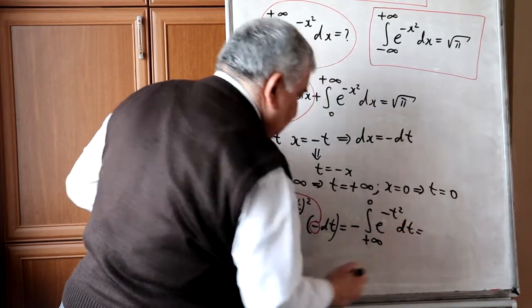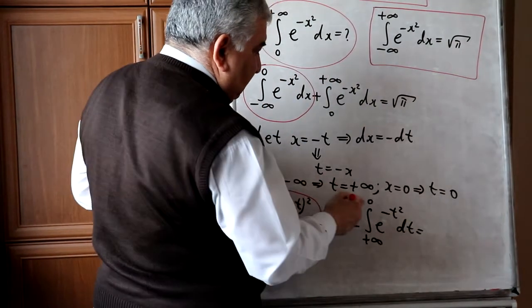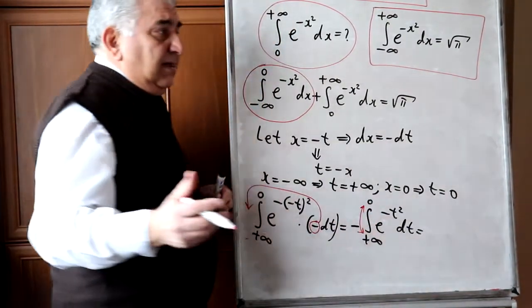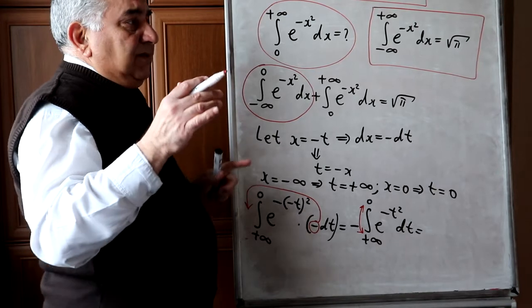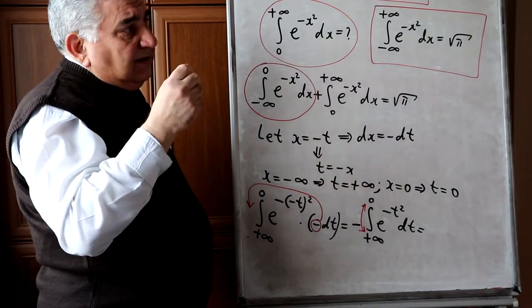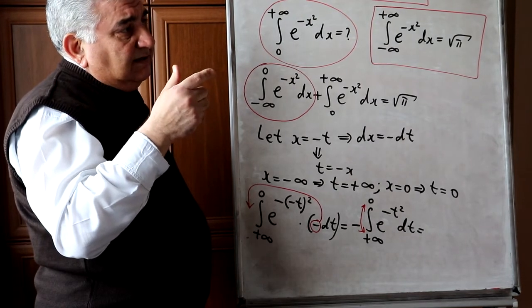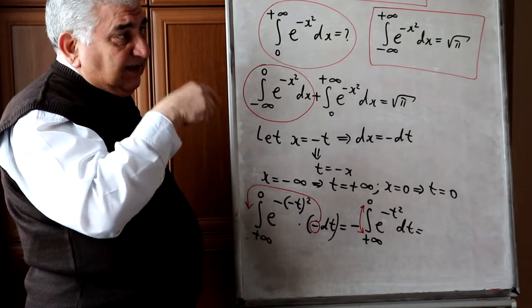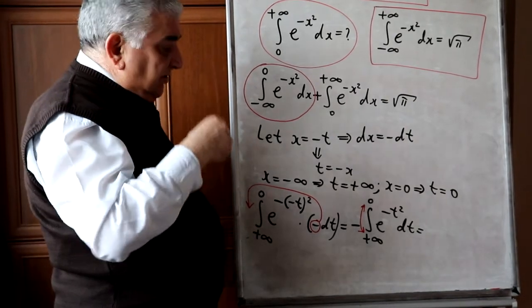Then change the places of the integral limits, and you know that when changing the places of integral limits, the sign of the definite integral will be changed.